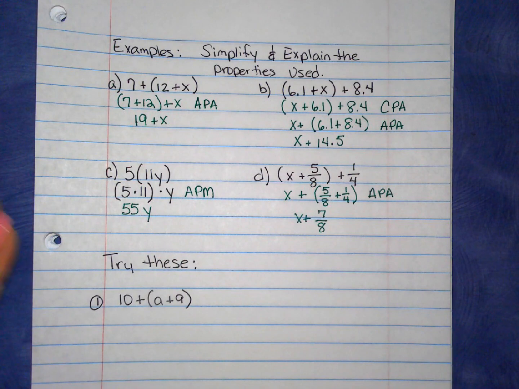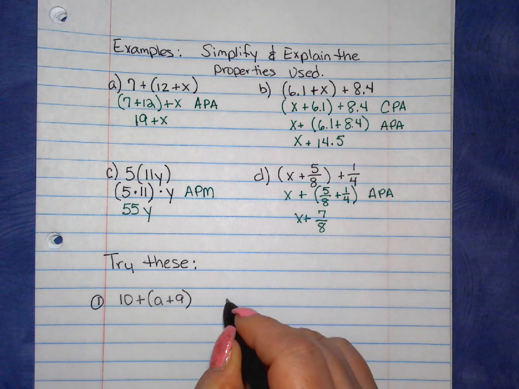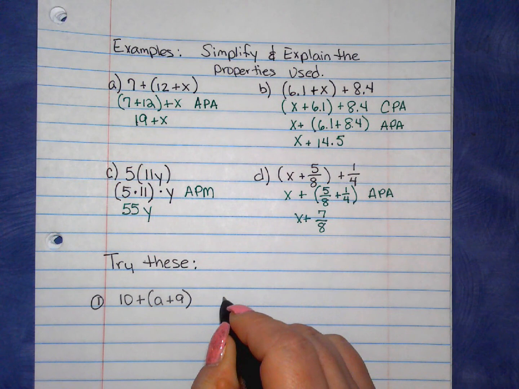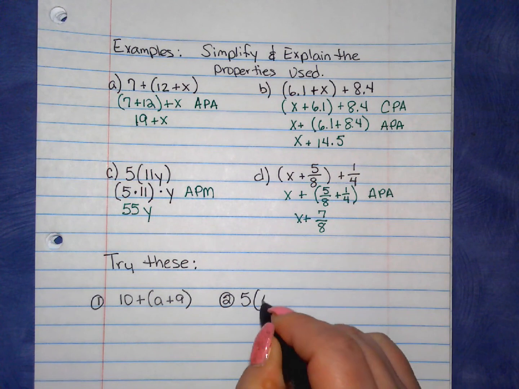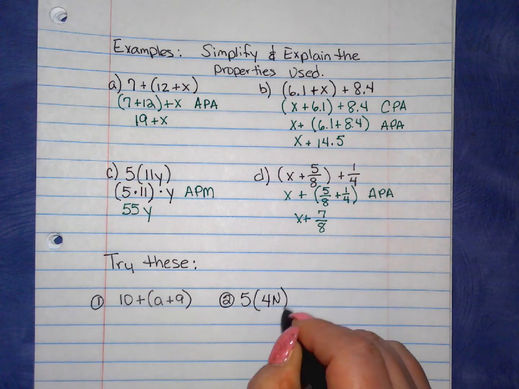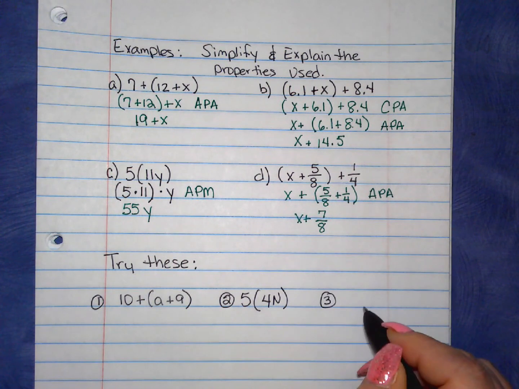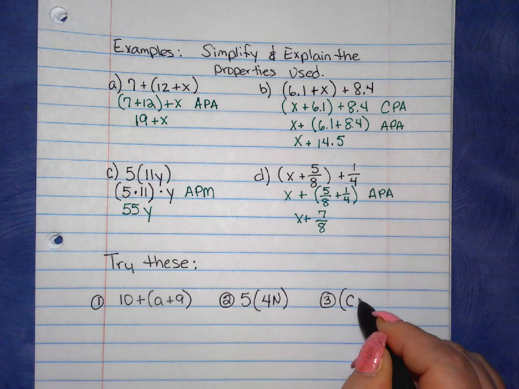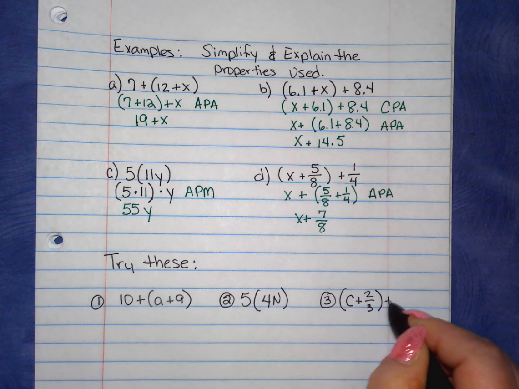So make sure that you're actually doing the work. Which property, use the property, and then simplify, okay? Number 2 is 5 times 4n. And then number 3 is c plus 2/3 plus 1/2.